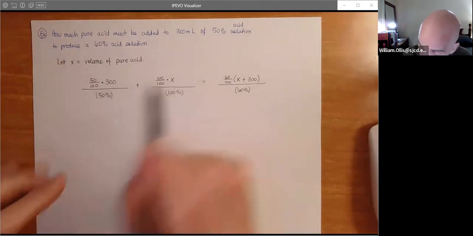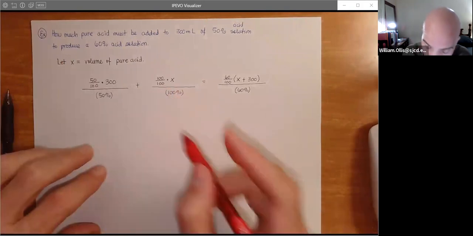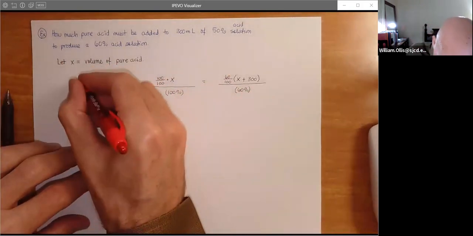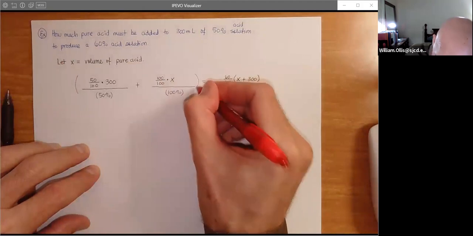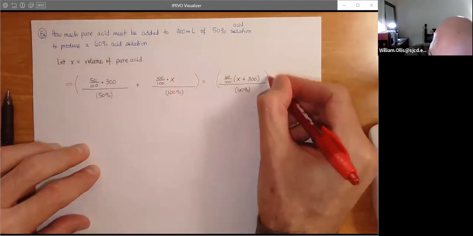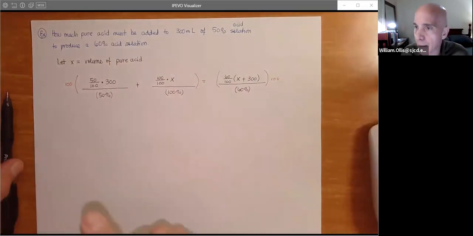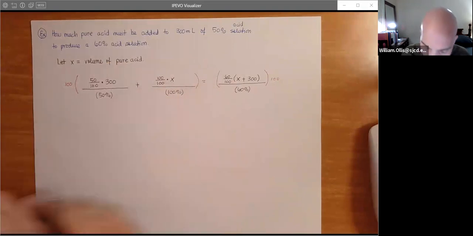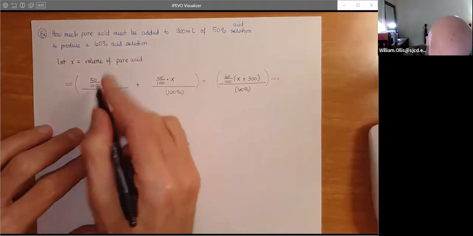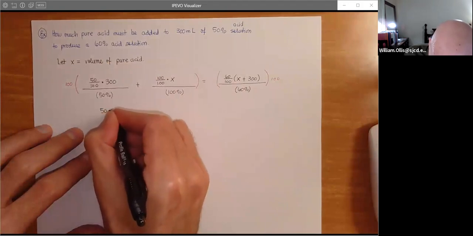And so now, first thing we notice is that just like with the interest problem, we have all these 100s. We'll just get rid of them. You don't have to do this multiplication by 100 like I'm doing, but if I don't do it, you won't think about it. So maybe do it. So now, of course, the 100s absorb, and we're going to let the algebra do the work for us because we're lazy.